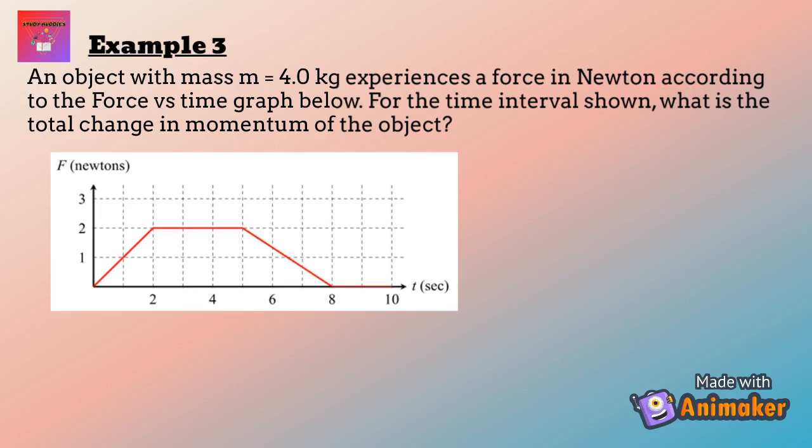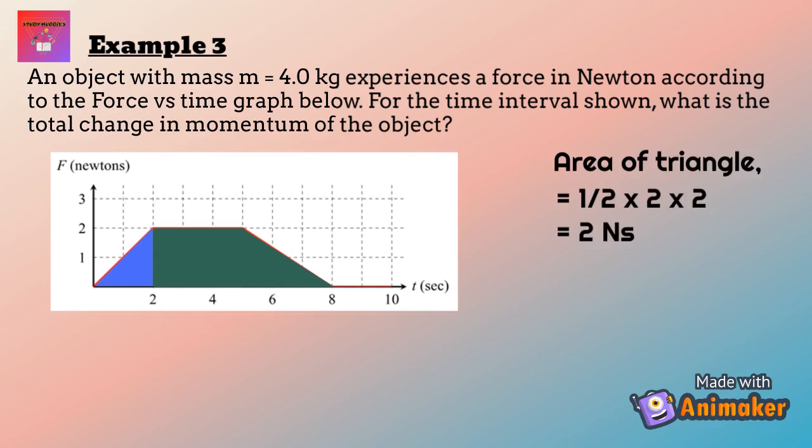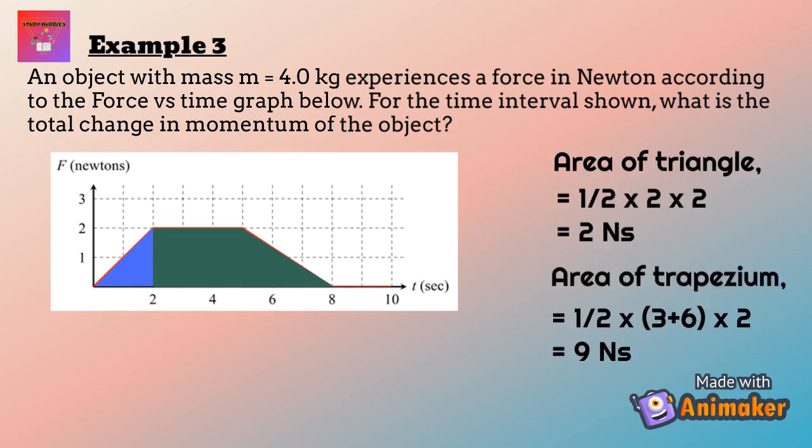As I said just now, impulse is equal to the area under the graph. So you might be wondering, what shape is this and how do we calculate the area under the graph? No worries, we can break this into two different shapes, which are a triangle and a trapezium. Let's calculate the area of the triangle first, followed by the area of the trapezium.